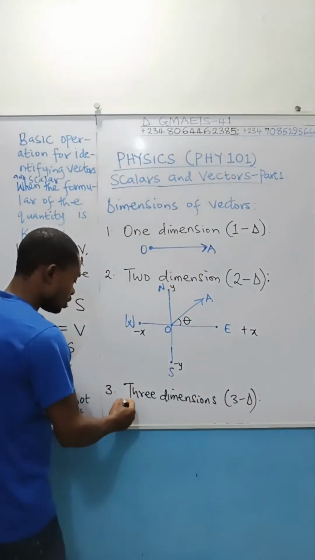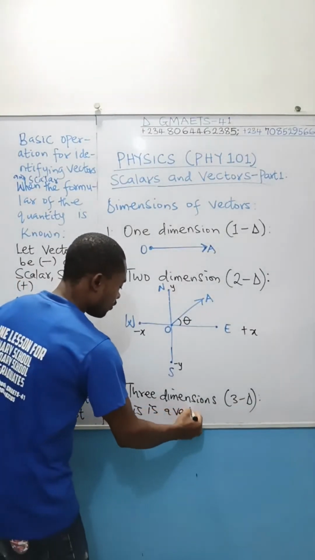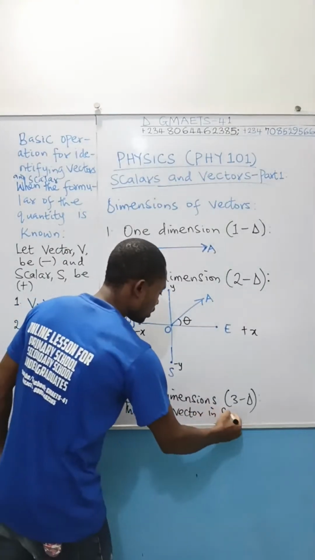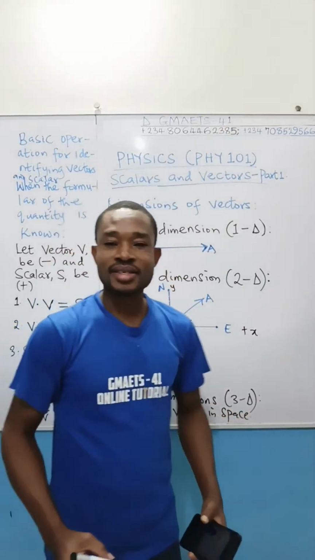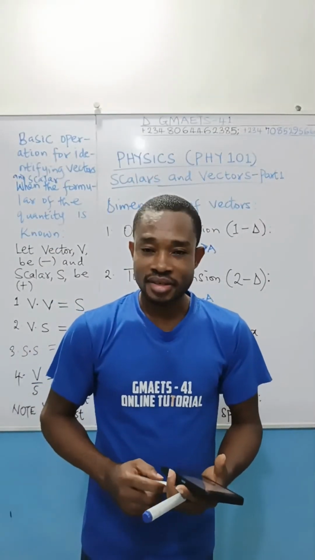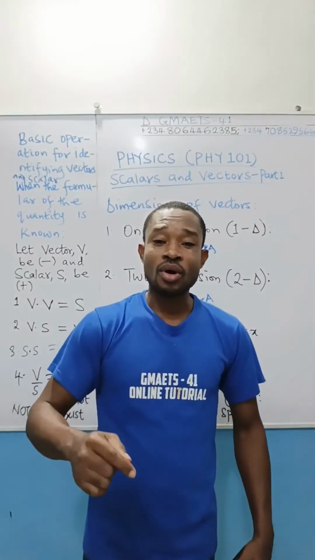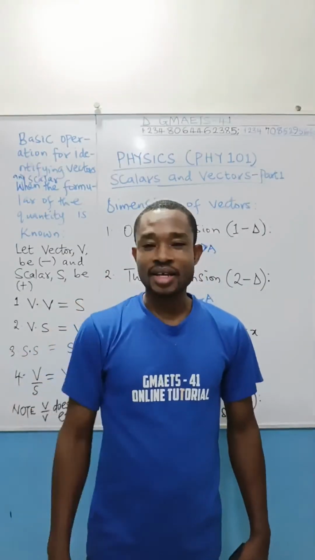This is a vector in space. It is defined by x, y, and z axis.